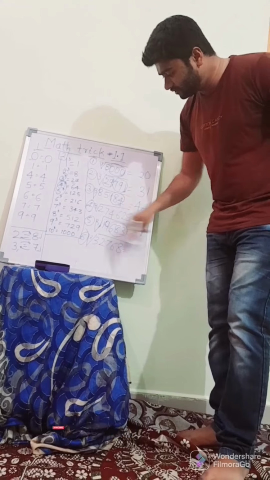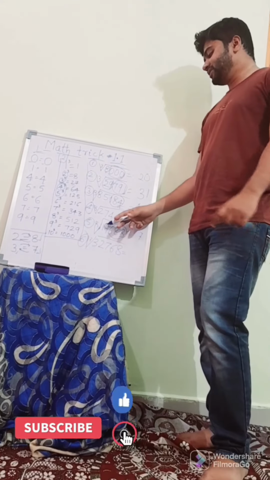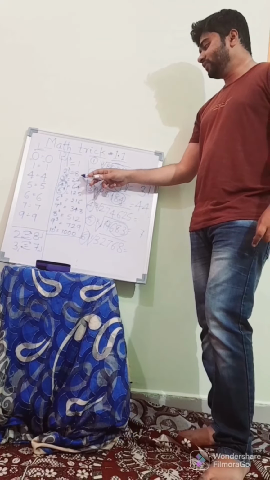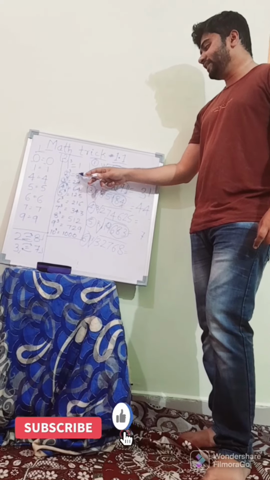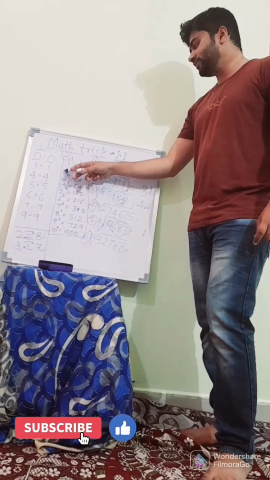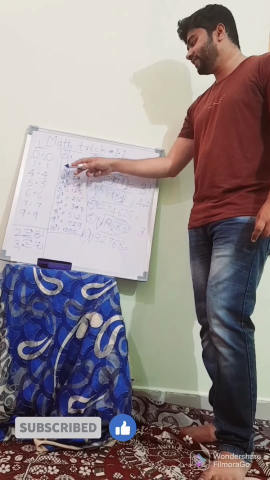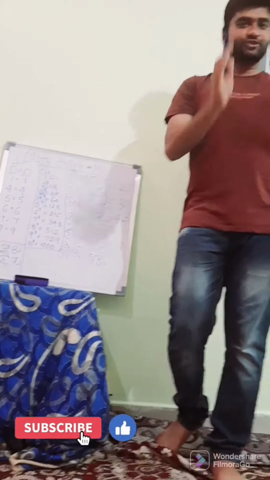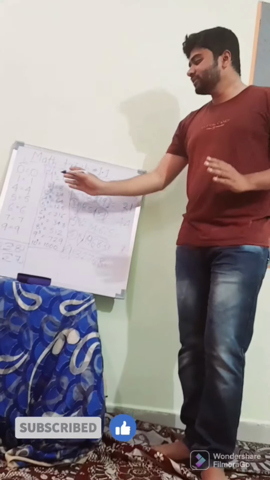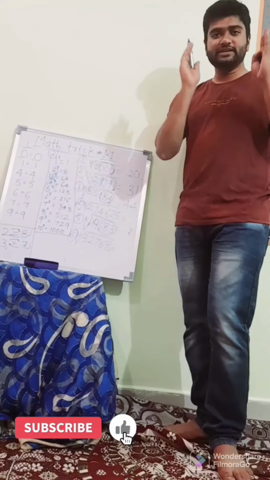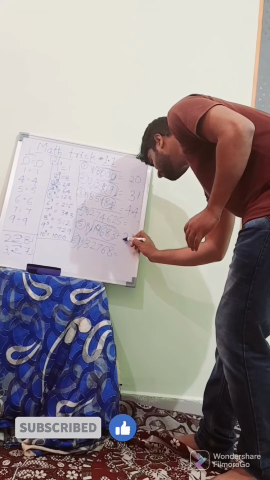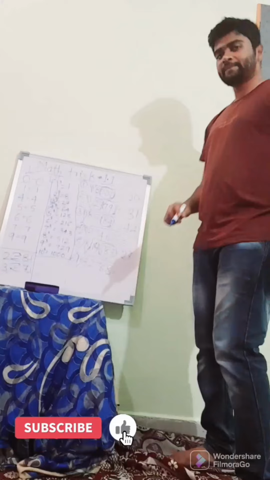Just ignore the last 3 numbers, and the left out digit is 19. Find out where 19 falls. It falls between 8 and 27, so it falls between 2 and 3. As I told, take the least number between these two. The least number is 2, so the answer will be 27.